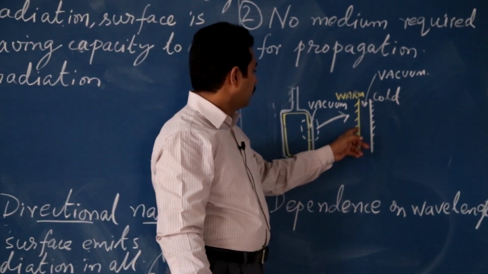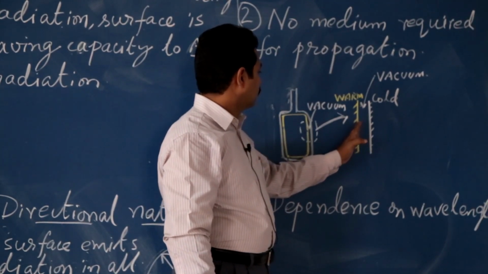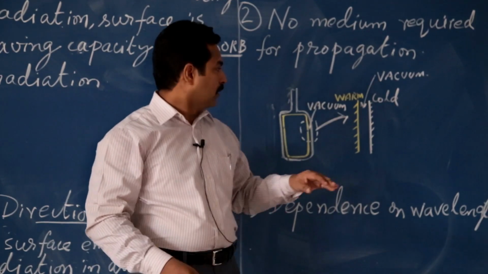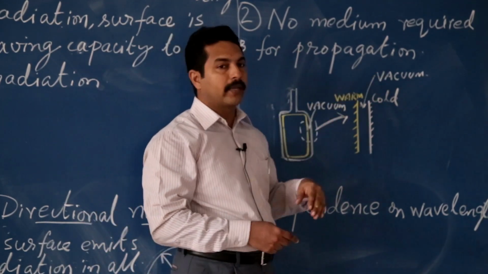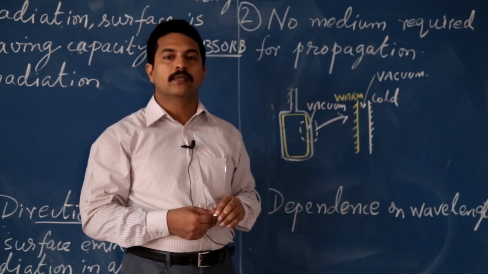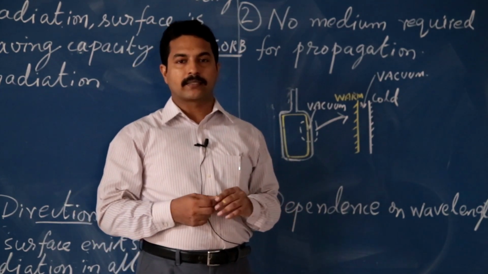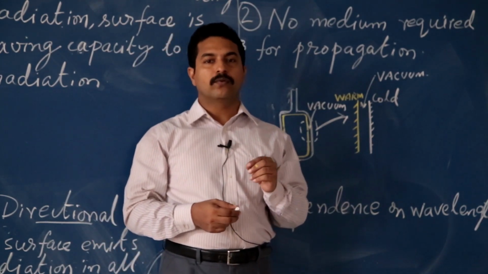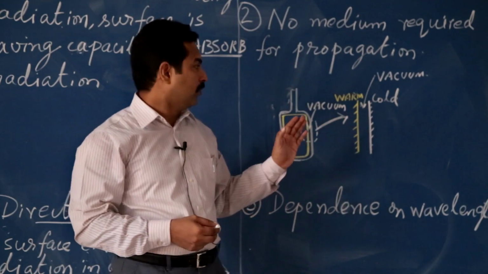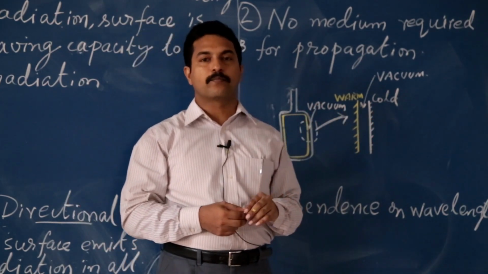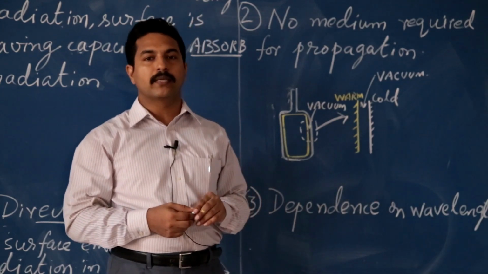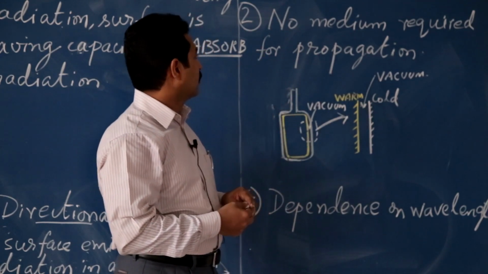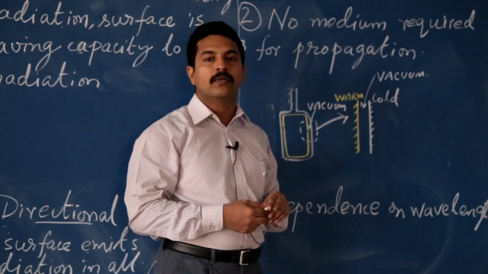Because there is no contact between this warm surface and this cold surface, conduction is arrested. There is no flow because it is vacuum and no bulk movement, so convection is also arrested. But even in the absence of conduction and convection, there will be heat transfer here, and this heat transfer is by thermal radiation. So no medium is required for the propagation of radiation.